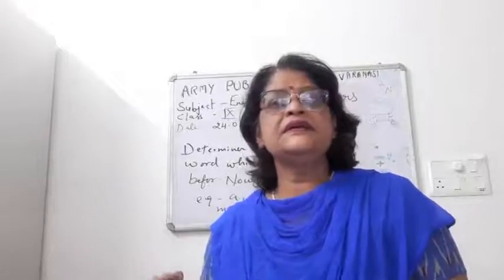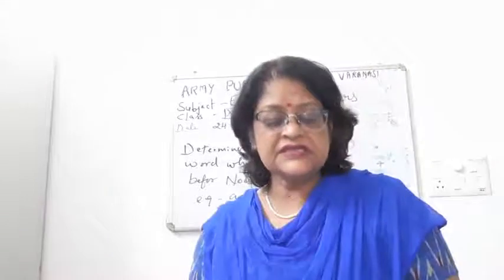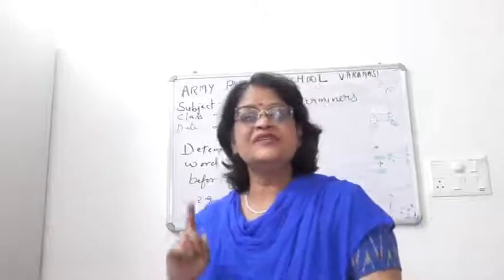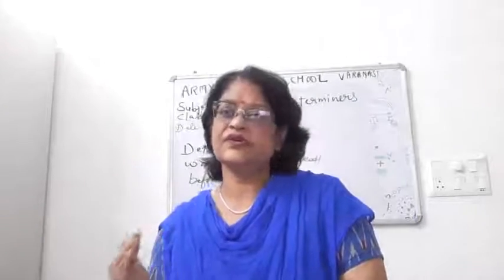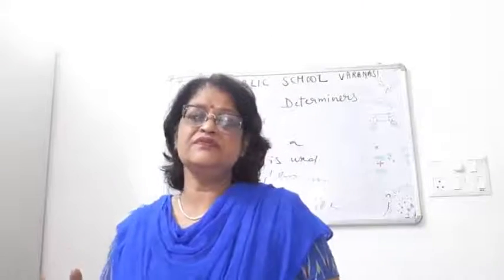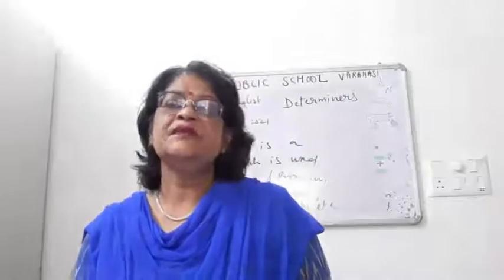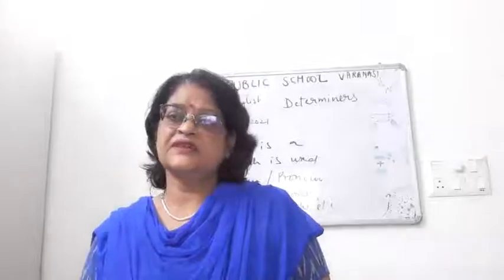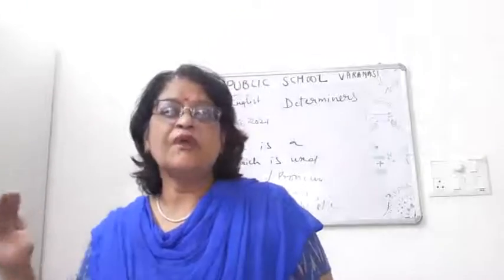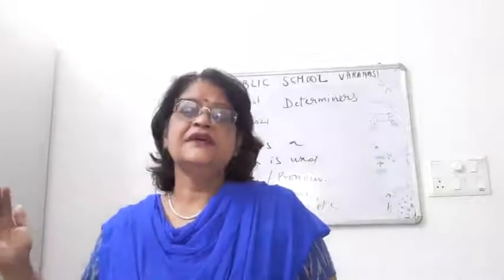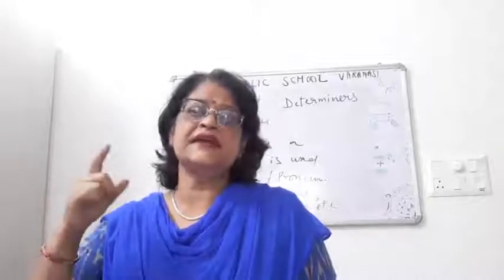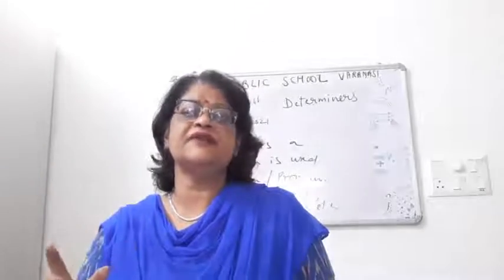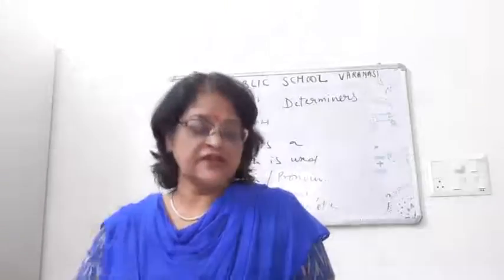Here, boy is a noun, good is the adjective, and we are using the determiner a before the adjective and noun. Determiners are mostly used before a noun, but sometimes they can be used before an adjective, like: he is a tall boy. Tall is an adjective, boy is a noun, and a is a determiner.